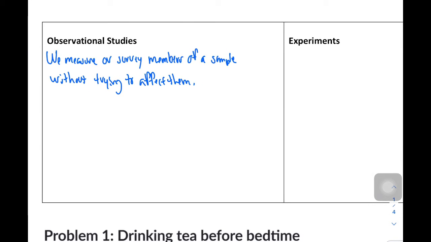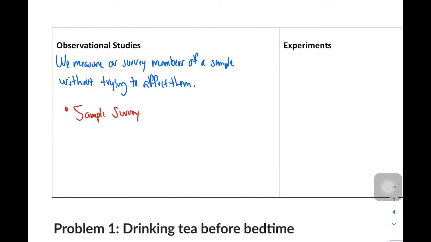We measure or survey members of a sample without trying to affect them. Mostly what we've been doing so far is we've talked about these sample surveys. A sample survey, if I went up to a group of people and I asked them questions and I gathered data from them, that'd be a sample survey. That's an observational study. You're literally just studying what you observe. You're not trying to change anything. You're merely observing.